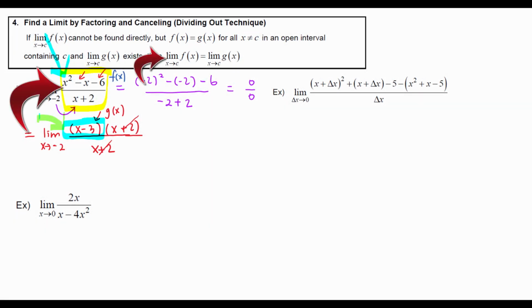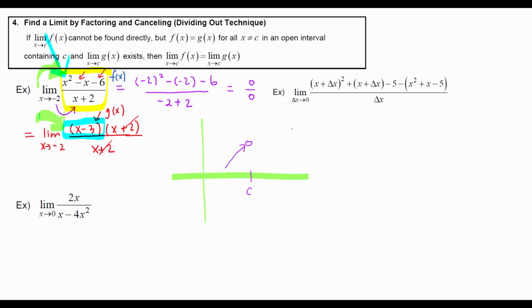Finding the limit of this is the same as finding the limit of this. To find the limit value, the function value does not have to exist. As long as, as x approaches c from the left and as x approaches c from the right, both function values are approaching the same y value, then that is called the limit L. So that will be this case.